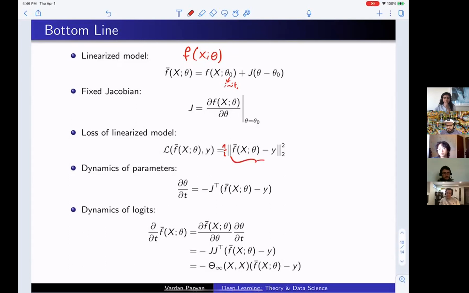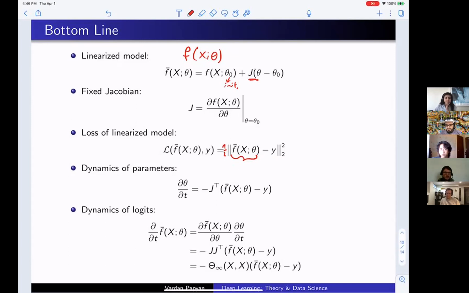If you derive this quantity with respect to theta, the derivative of this quantity with respect to theta is literally J. So you just do J transpose times f bar of x, theta, minus y. Is this clear?